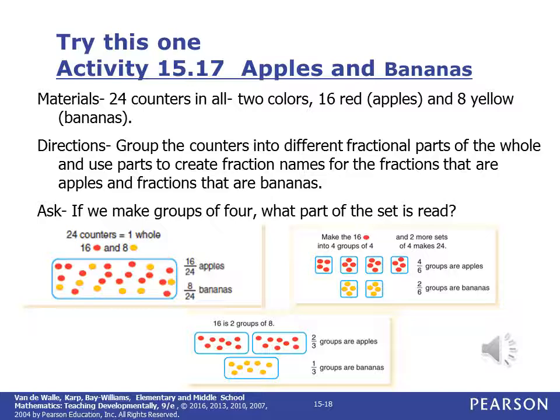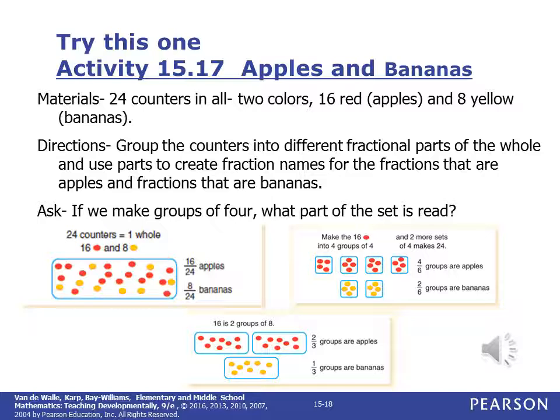And you use the parts to create fraction names for the fractions that are apples and fractions that are bananas. And again, you're expressing it to the whole. So you might ask them first, write a fraction expressing how many apples there are to total fruit and how many bananas there are to total fruit. And they might write 16/24 and then 8/24.